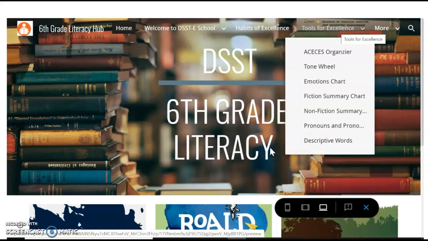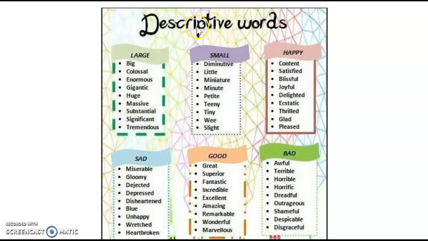And there are two really wonderful anchor charts that have nice long lists of words that we can use. So here's the first one. It says descriptive words. And you'll see at the top there are some words: large, small, happy, sad, good, bad. These words are pretty boring, and I think as sixth graders, we should be using more descriptive language.